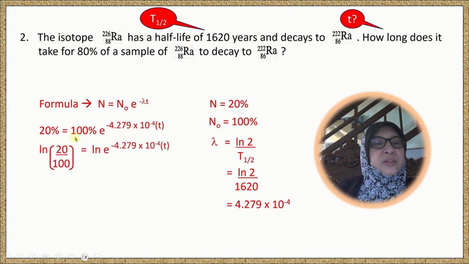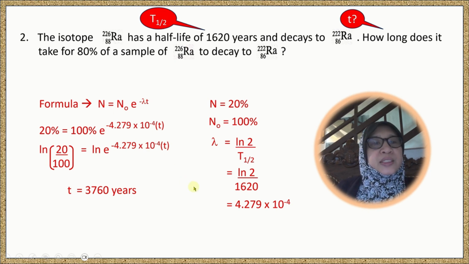We take ln on both sides and use the log rule. Then we solve, and we get the time taken is 3760 years for 80% of the sample to decay. So be careful with this N, 20%. N represents the number of sample that haven't decayed yet.